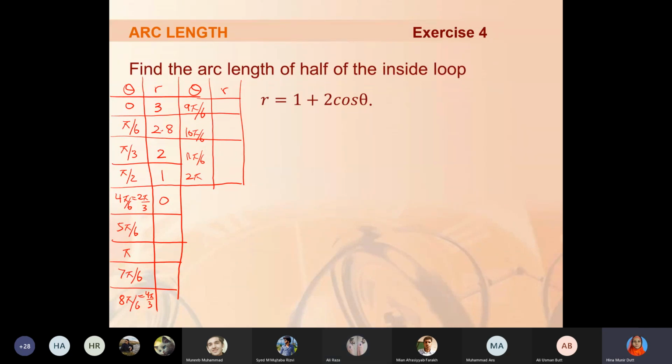What about 5 pi by 6? We get 0 at 2 pi by 3. At 5 pi by 6, it is minus 0.732. What about 7 pi by 6?